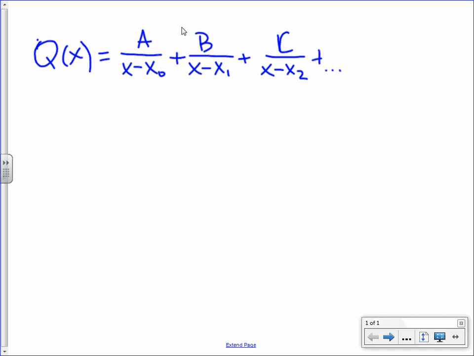Or if we have a quadratic factor in the denominator.